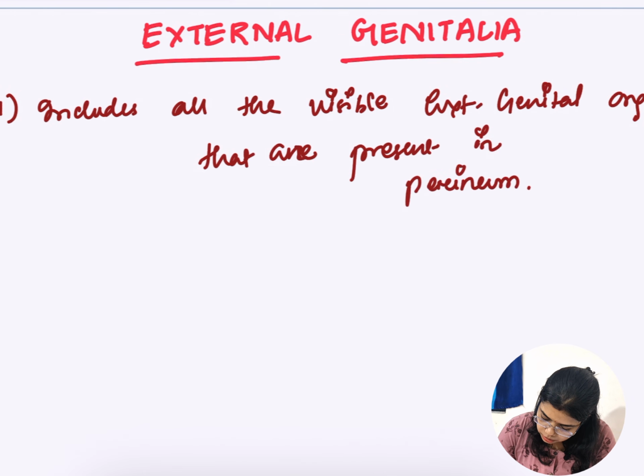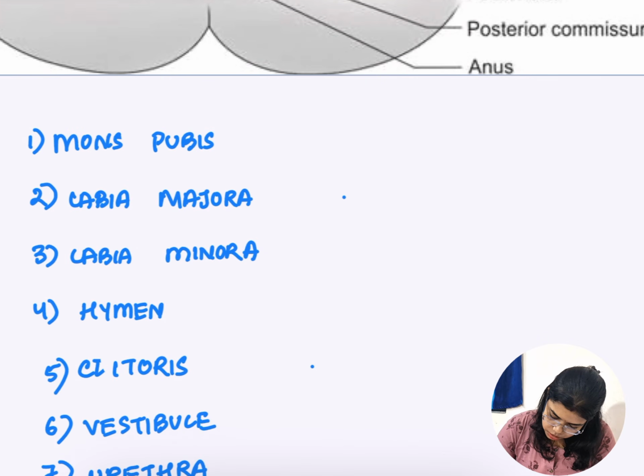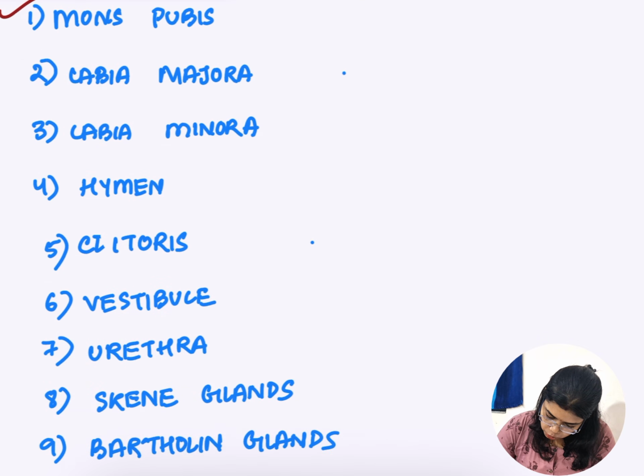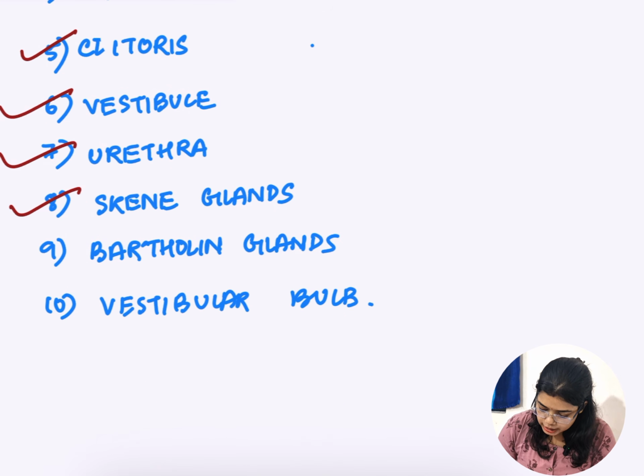This is the first. Second, it consists of what I have told. First, write this one, mons pubis. Second, labia majora, labia minora, hymen, clitoris, vestibule, urethra, skin glands.